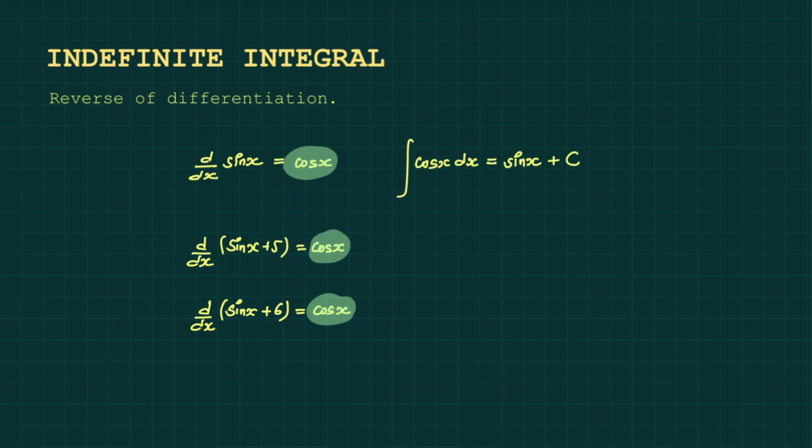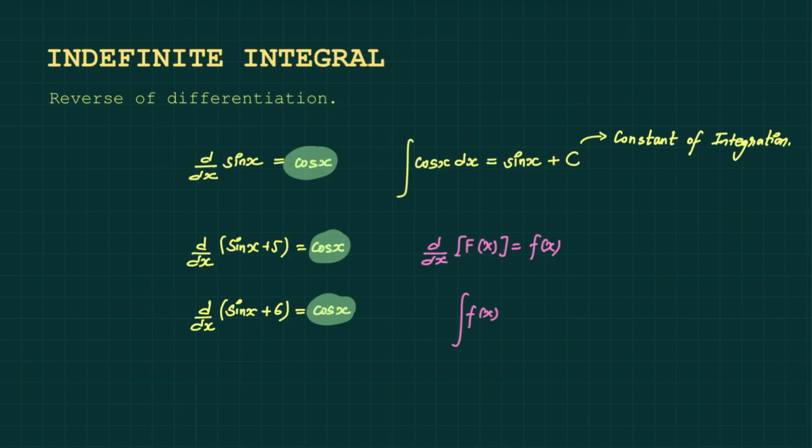constant of integration. So in general, if the derivative of a function F(x) is equal to small f(x), then integration of small f(x) will be capital F(x), but with constant of integration.